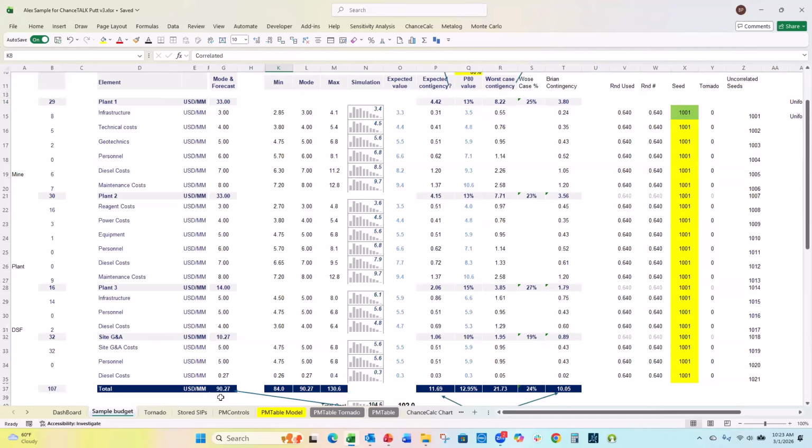In any case, let's call it $90 million. And these modes or forecasts became the mode over here of this triangular distribution. And then there was a minimum and a maximum estimated. Here are the distributions of each of those. We don't need to look at those triangular distributions right now.